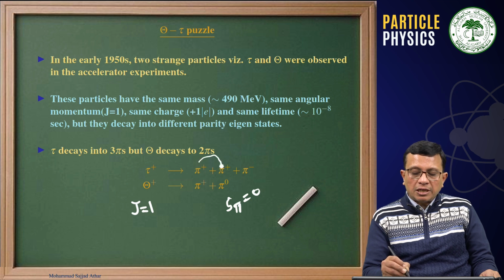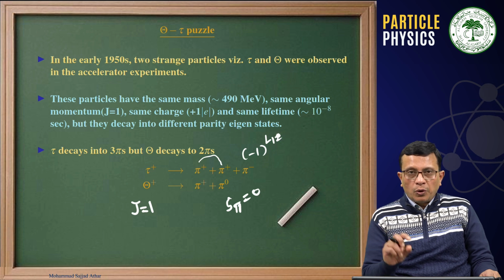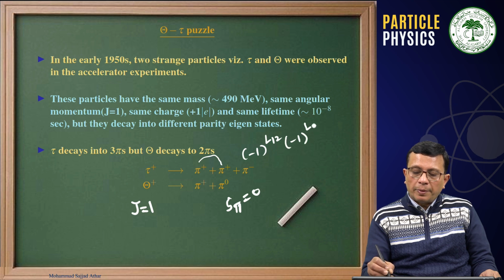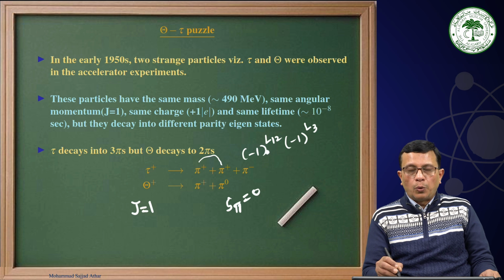Therefore, we will have a factor of minus 1 to the power L12, the relative orbital angular momentum of 1 and 2. And then for that system, we have to consider the relative orbital angular momentum of the third pion with respect to 1 and 2.